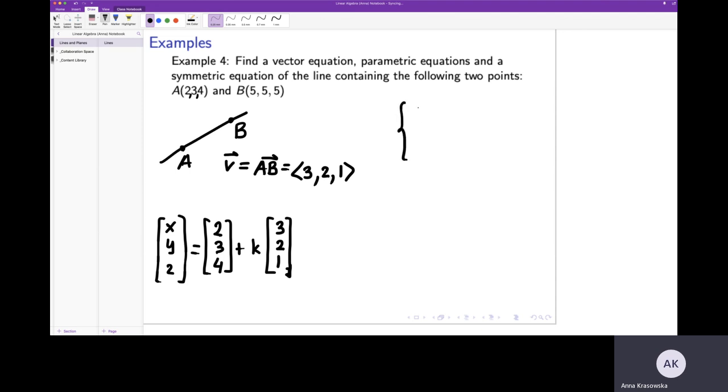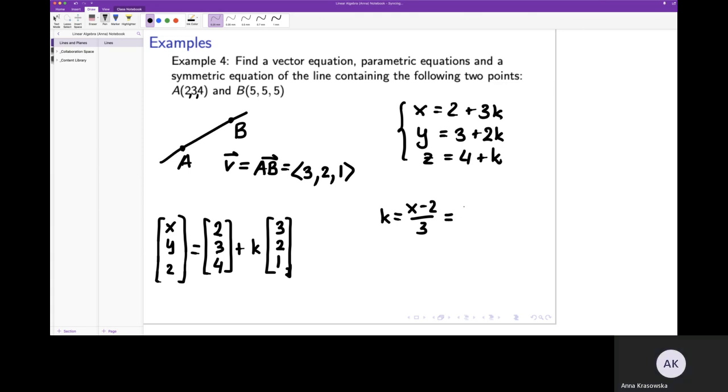Parametric equations: x equals 2 plus 3k, y equals 3 plus 2k, z equals 4 plus k. And the symmetric equation, if we write the parameter: (x minus 2) over 3, (y minus 3) over 2, (z minus 4) over 1.